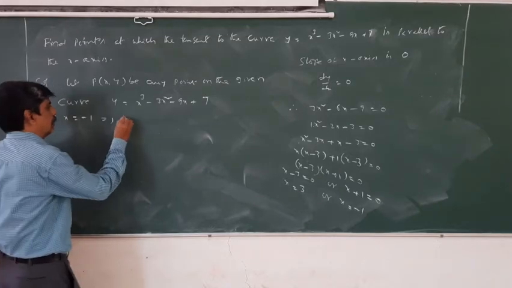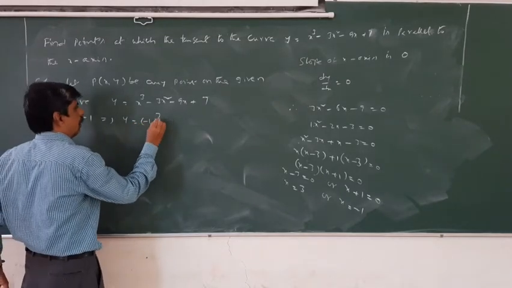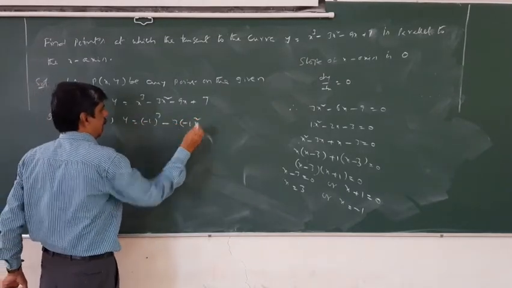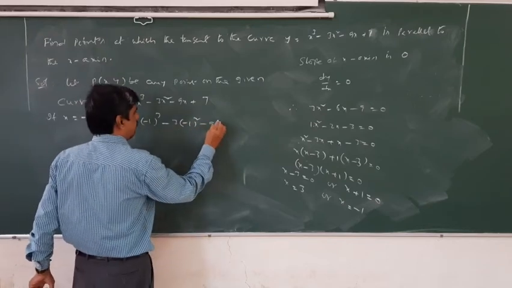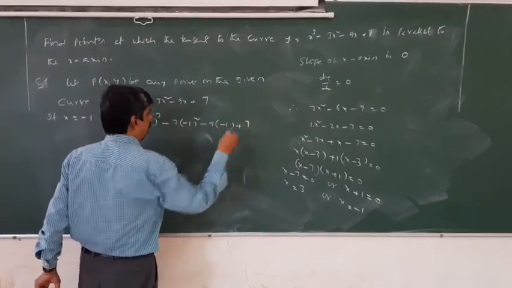Then y is equal to how much? Minus 1 whole cube, minus 3 into minus 1 whole square, minus 9 into minus 1, plus 7.